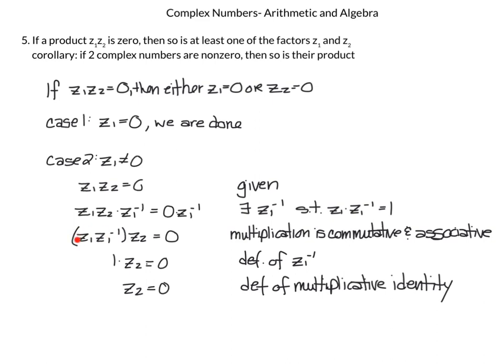Here, by definition of z inverse, z1 times z1 inverse is equal to 1, times z2 equals 0. And then finally, by definition of the multiplicative identity, which 1 is, we have z2 is equal to 0. So we have proven that if z1 is not equal to 0, it must be the case that z2 is equal to 0. So you can see how this falls out nicely.